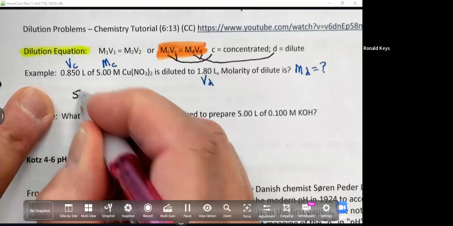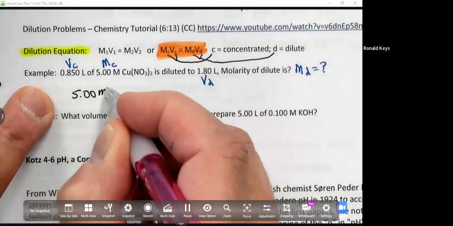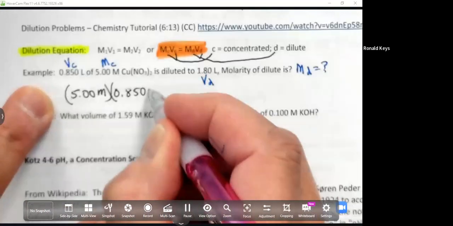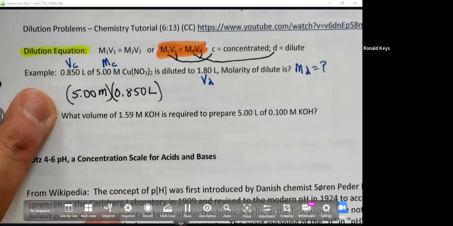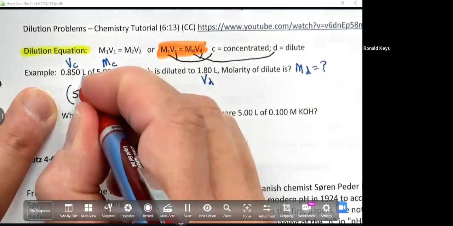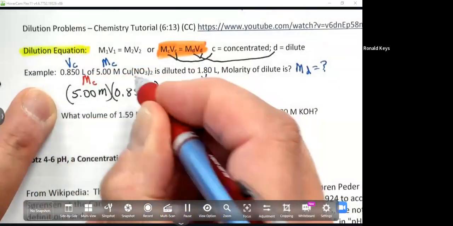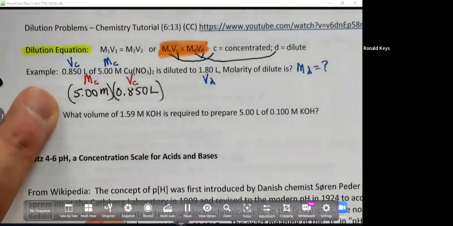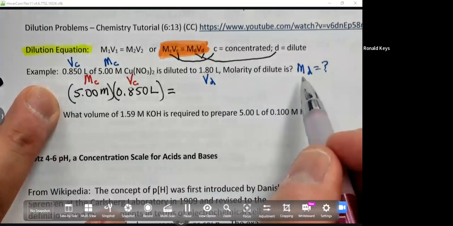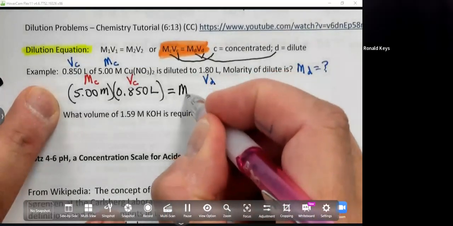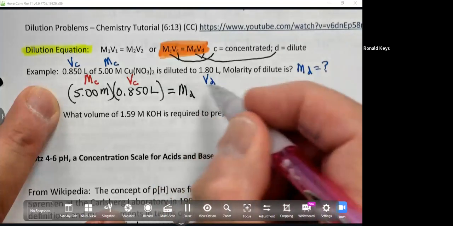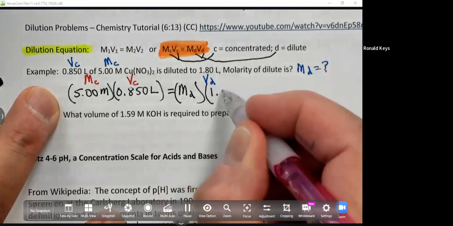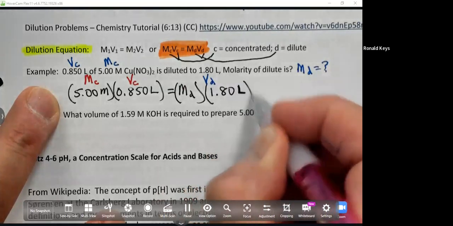So we've got 5 molarity times 0.850 liters, molarity of the concentrated times volume of the concentrated equals molarity of the dilute, which is what we're looking for, times the volume of the dilute, which is 1.80 liters.